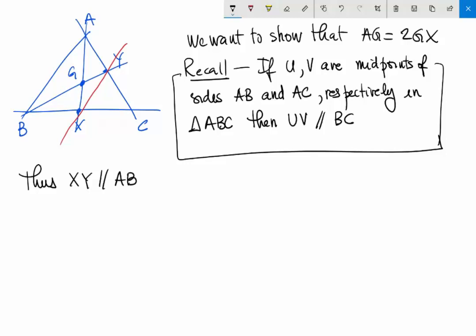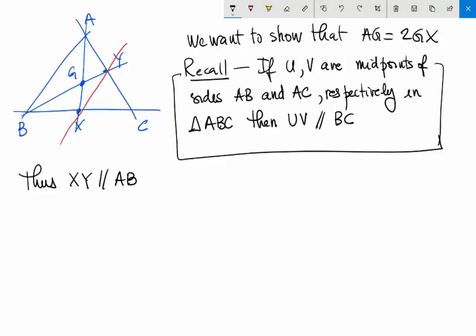Now, let's consider the angle BAG. That'll be this angle, and I will consider the angle YXG. I'm sorry.